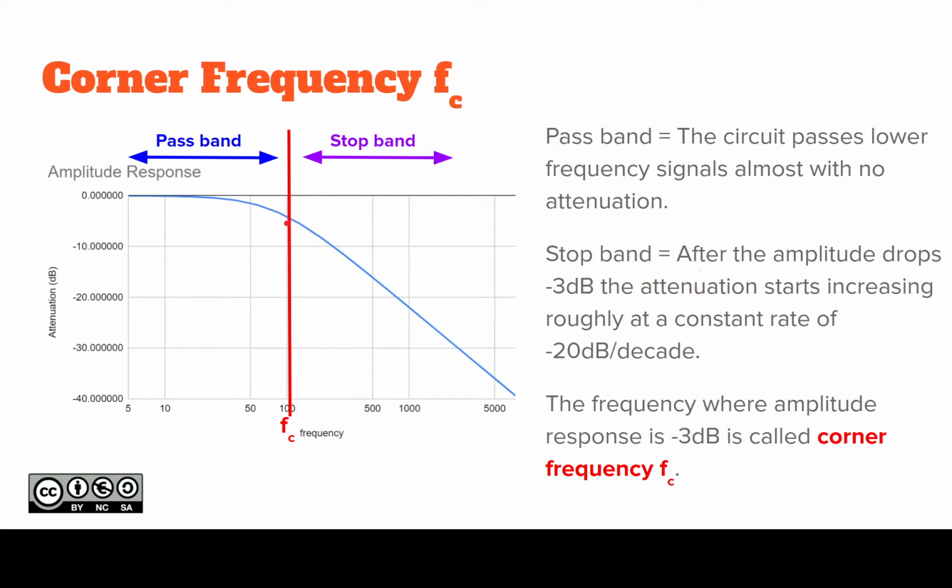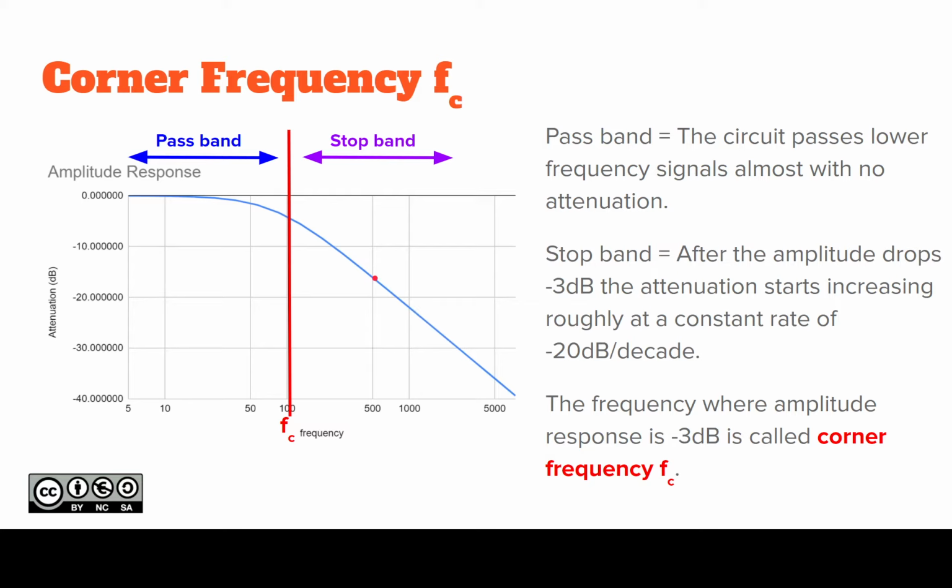After that corner frequency, the attenuation starts increasing at a roughly constant rate of minus 20 dB per decade. So when your signal frequency changes by 1 decade, which is from 100 to 1000, for example, the attenuation drop is about 20 decibels.